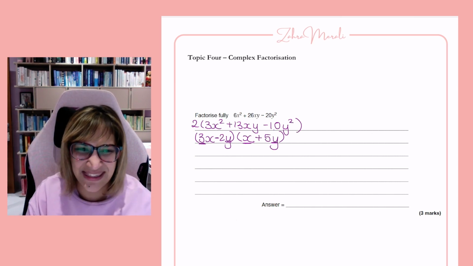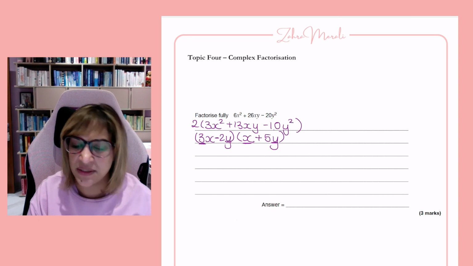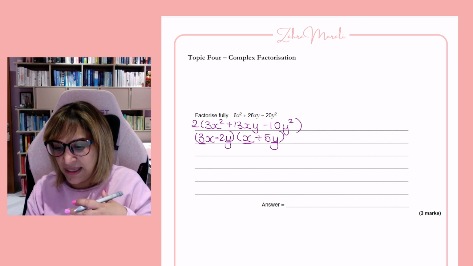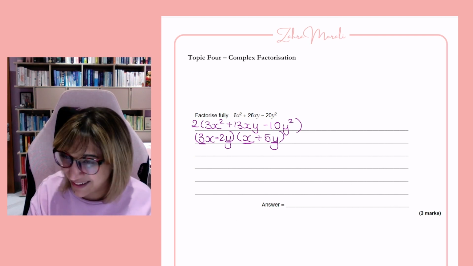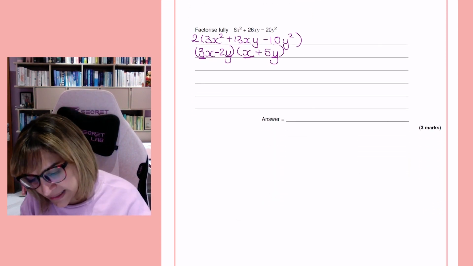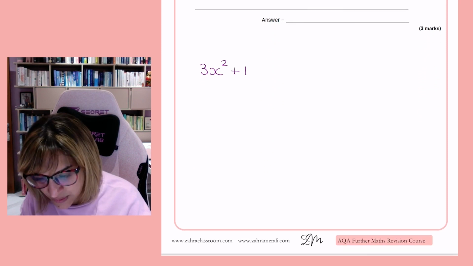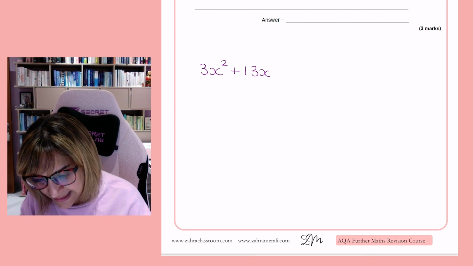Another way that you can do this is you can remove the x or the y, as long as you put it back again. So for example, if it's easier for you, say I had 3x squared plus 13x minus 10.